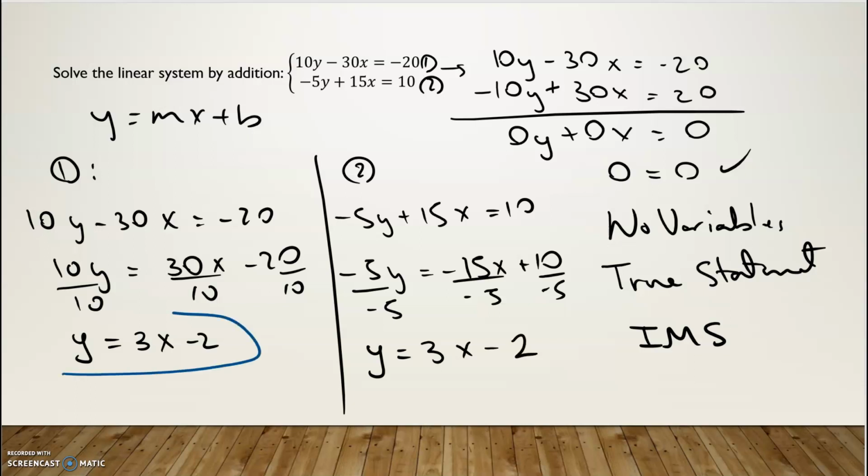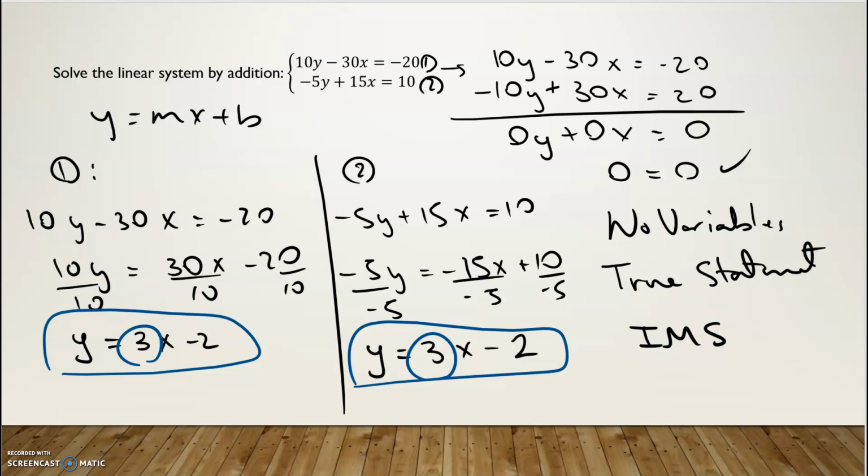Okay, notice I have the exact same equation. They both have the exact same slope, and they both have the exact same y-intercept. So that means essentially we have the same line, but it's just written in two different ways.